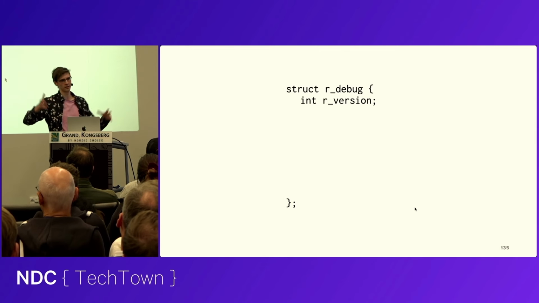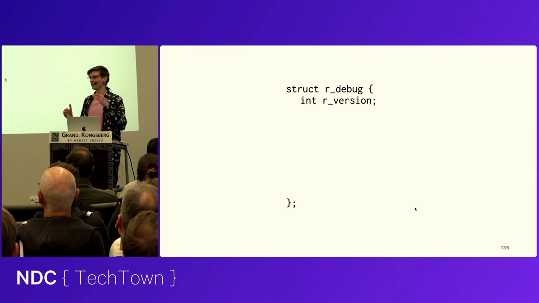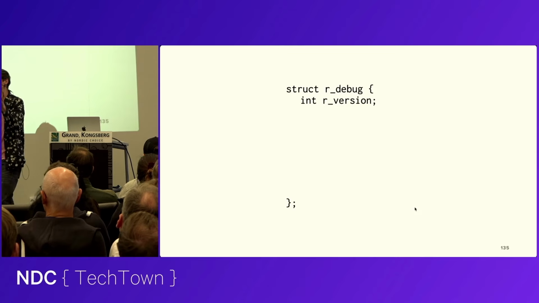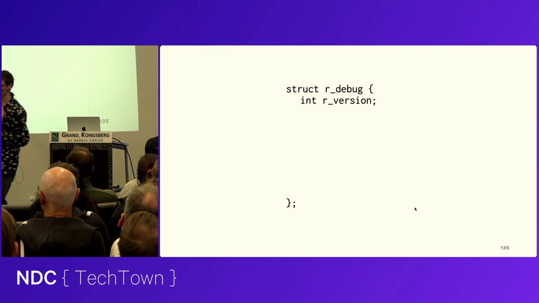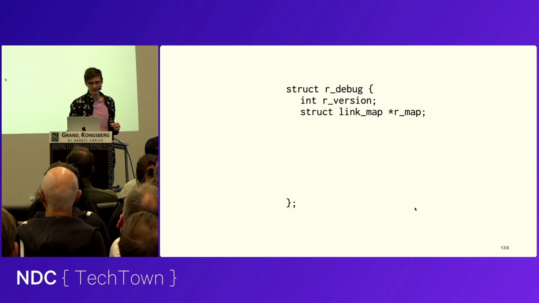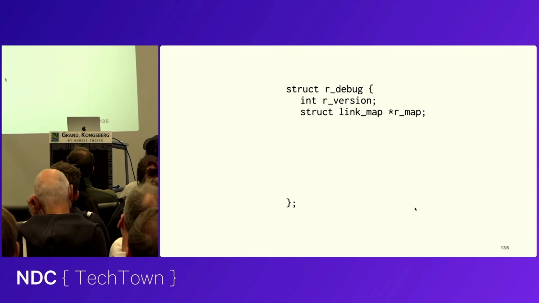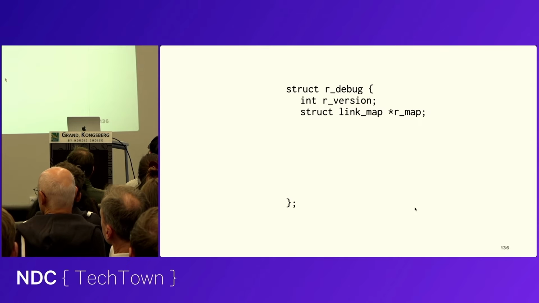So it's kind of a protocol, a communication protocol between the dynamic linker and the debugger. It has a version, and then it has a link map. This is a description of all of the shared libraries that have been loaded by this process, the paths to them, and where they were loaded in memory.